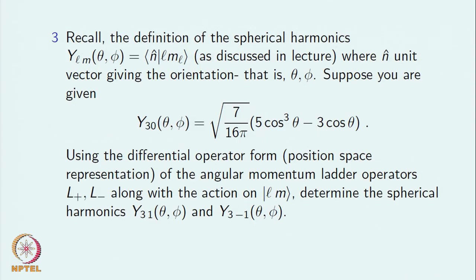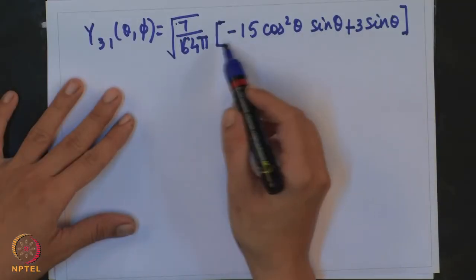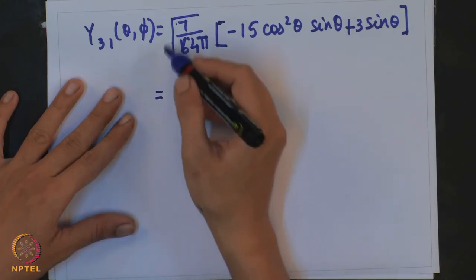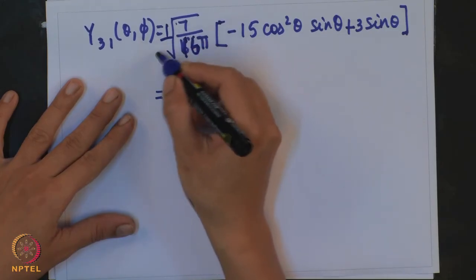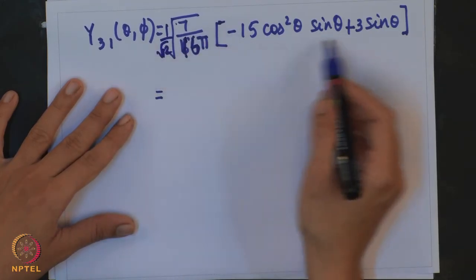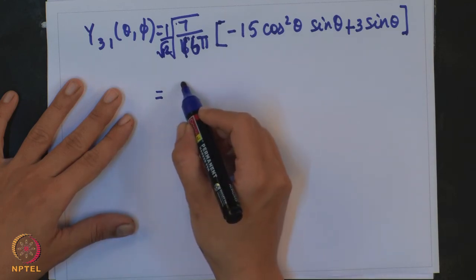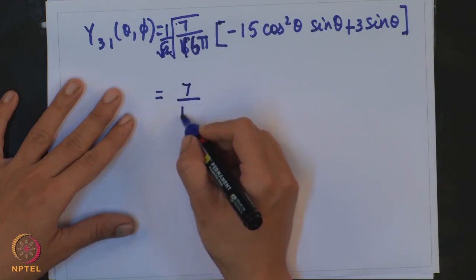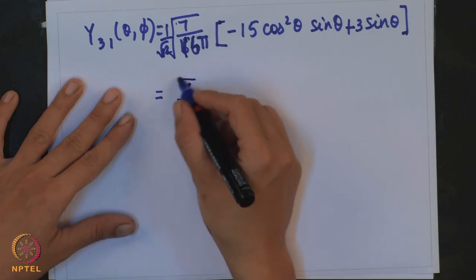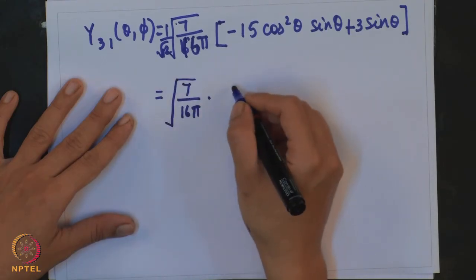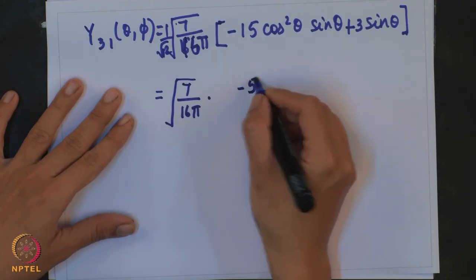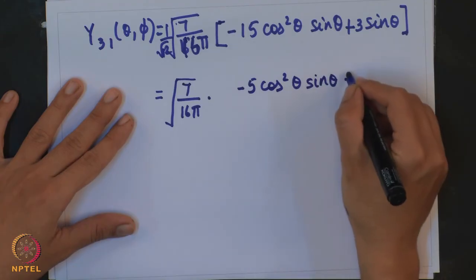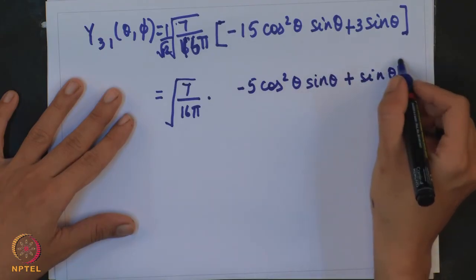I have taken 3 out, so I have 7 by 16 pi in the square root times 3 outside, and then minus 5 cos square theta sin theta plus sin theta.